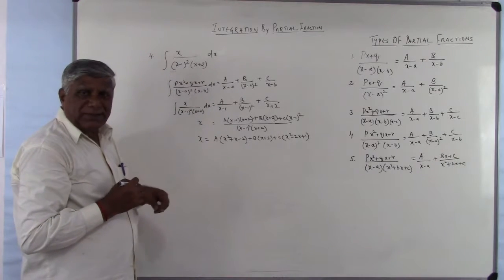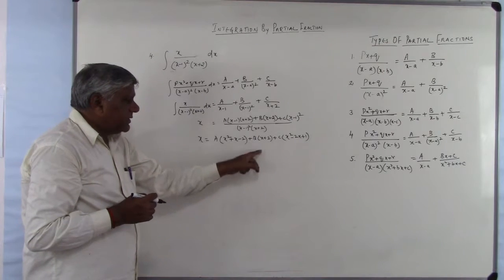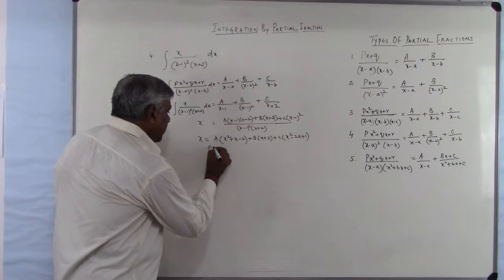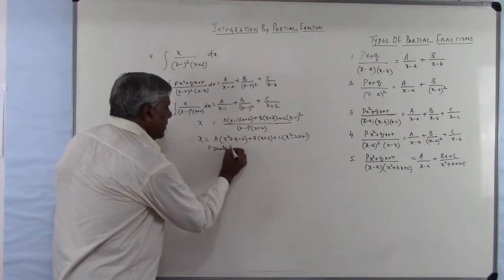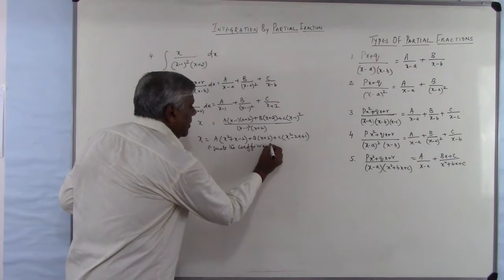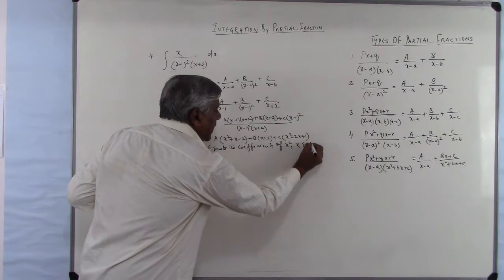This is equal to x. Now I am going to equate each and every coefficient, x square, x and constant separately. Equate the coefficients of x square, x and constants.